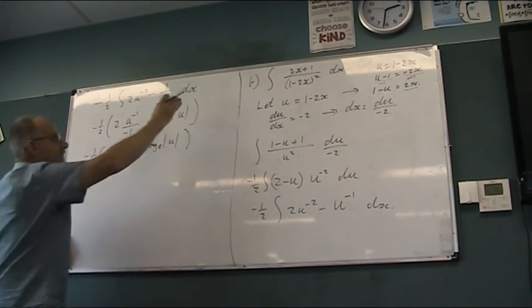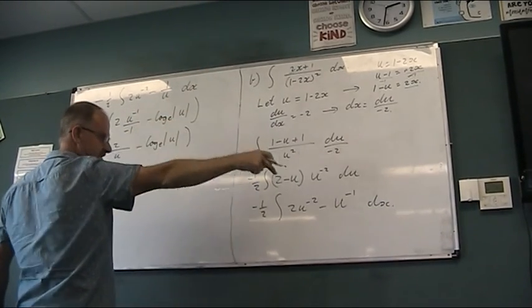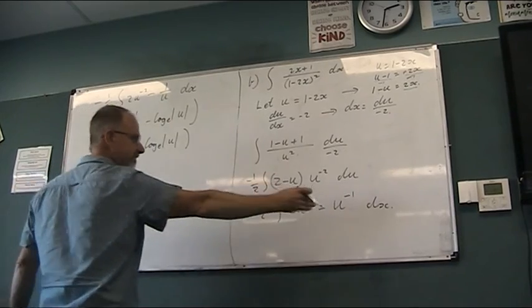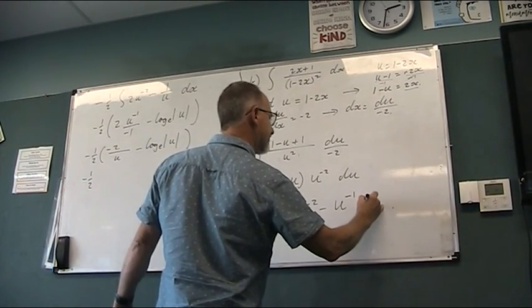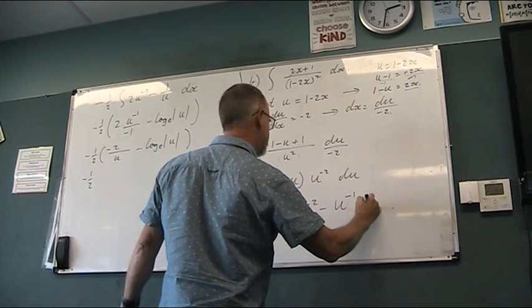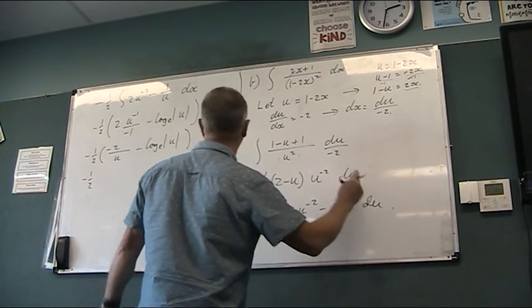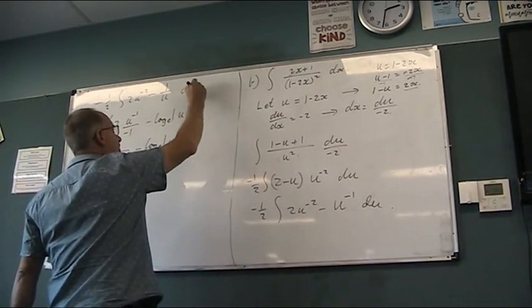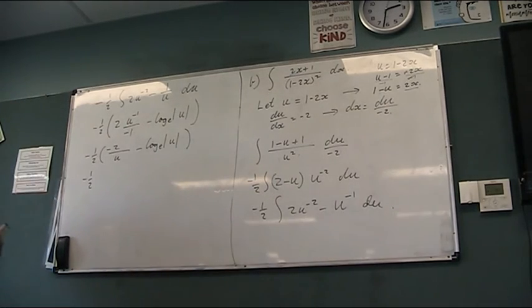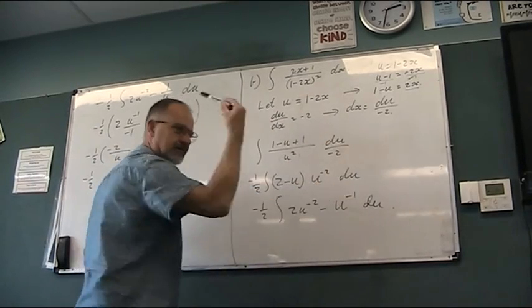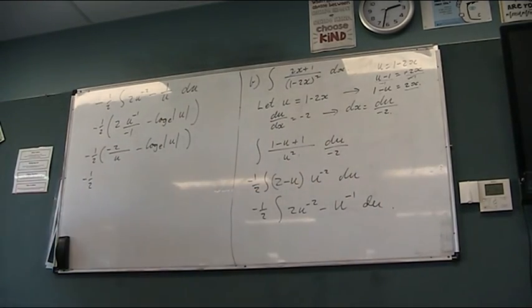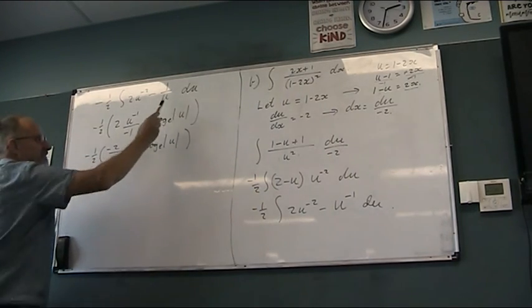Ah, I've written the wrong thing, haven't I? That should be du. So it's not dx at all, sorry, my bad. Because I changed the dx into this and then I shouldn't have done anything with that, of course. So then it gets used when we do the anti-differentiation.